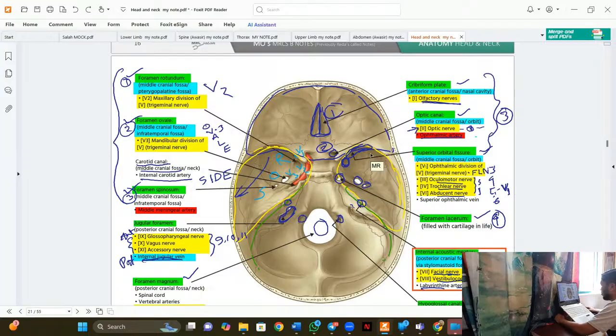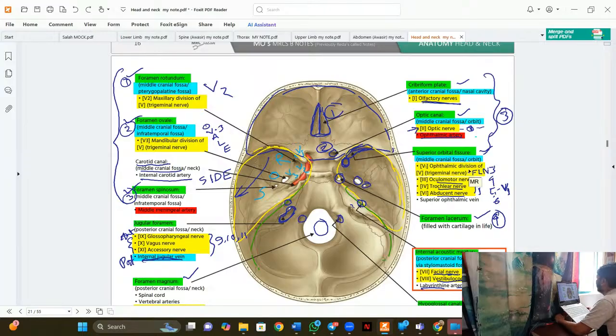These all come through the superior orbital fissure, in the middle cranial fossa, to the orbit. Olfactory, optic, oculomotor, trochlear, abducens finished, and of the trigeminal we got V1, the ophthalmic division.